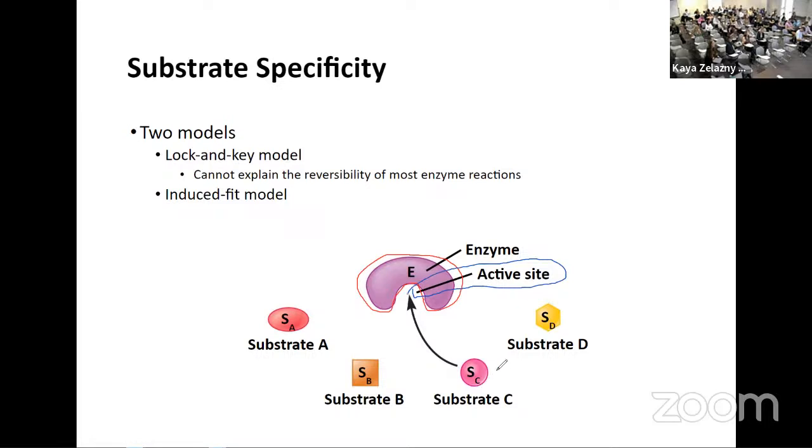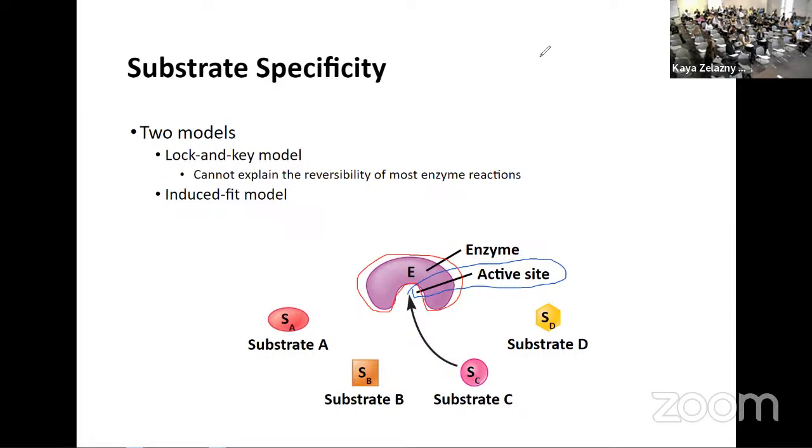In the lock and key model, that active site, that pocket, and the substrate are the exact same shape. In the induced fit model, there's a little bit of wiggle room, essentially. The induced fit model is really a slight alteration of this idea.